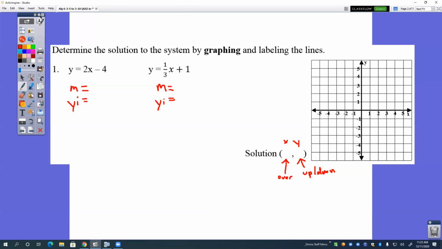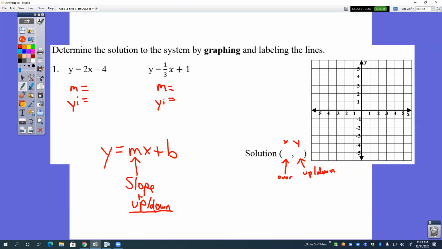So a reminder that the general form of the equation of a line is y equals mx plus b. Remember that the number in front of your x is your slope, and that is always written as a fraction. The top number in your slope is how many you go up or down.